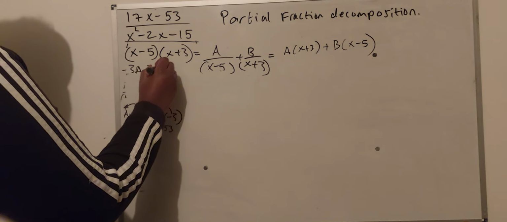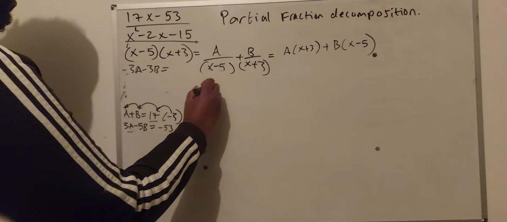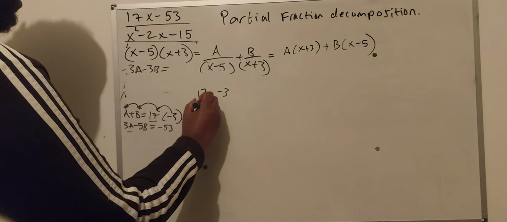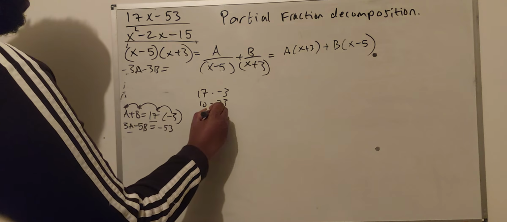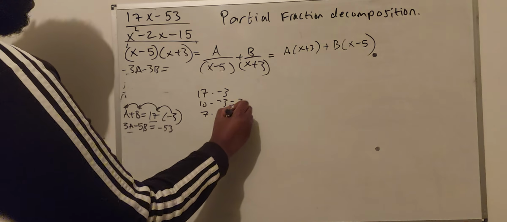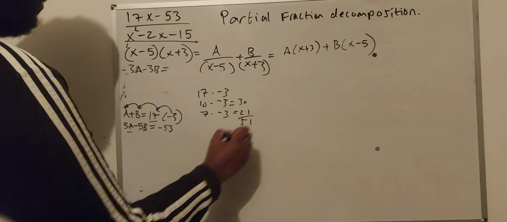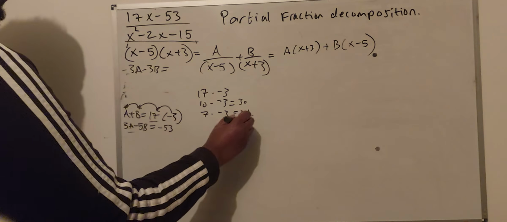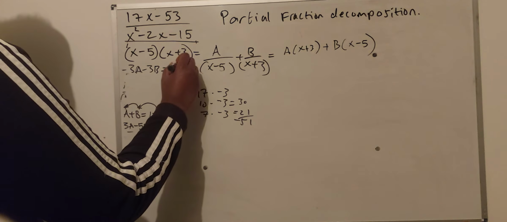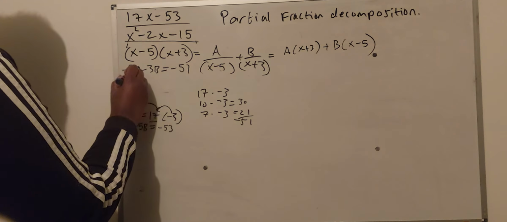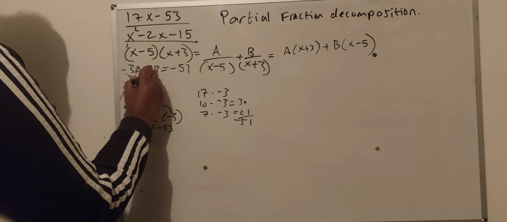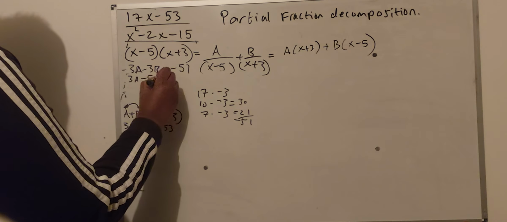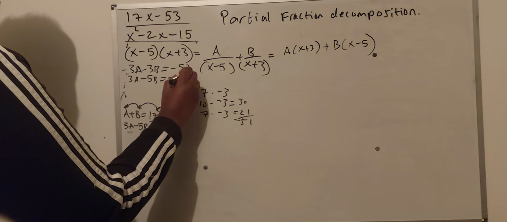-3a minus 3b equals 17 times -3, which is -51. So -51, and the bottom is 3a minus 5b equals -53.